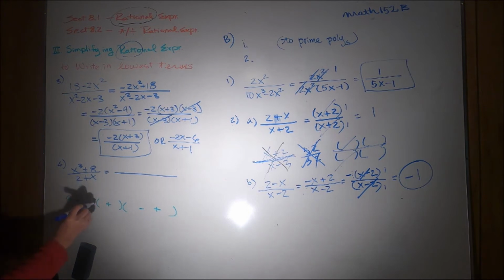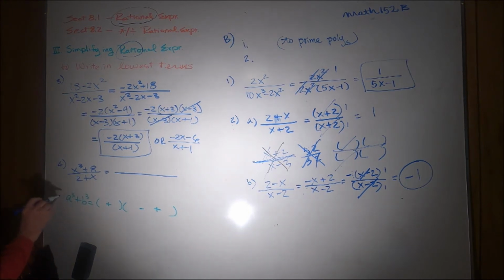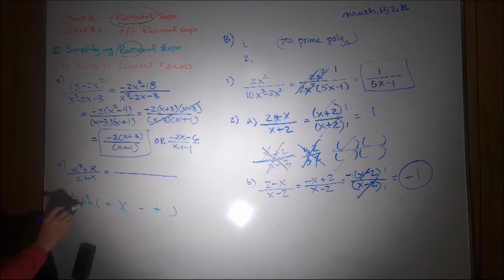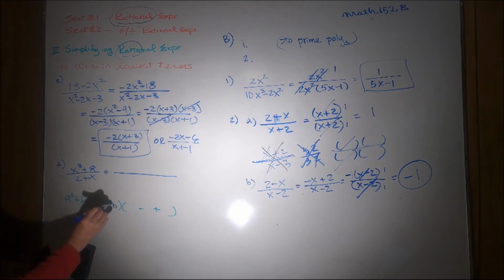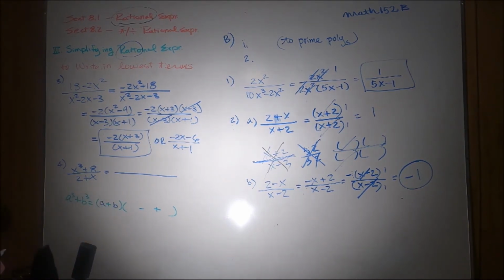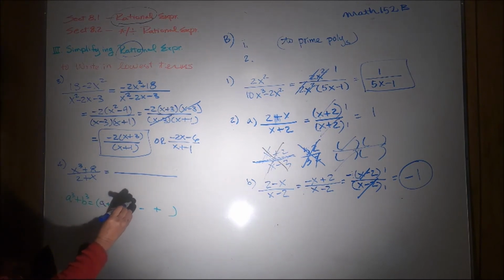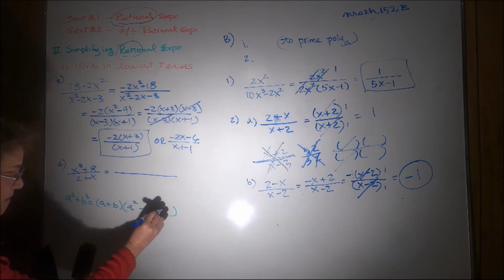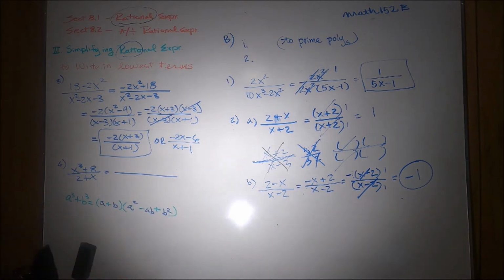And so this one is a cube for the a, a cube for the b. So that will be a plus b. The 3 terms will be a squared minus a times b, and b squared.